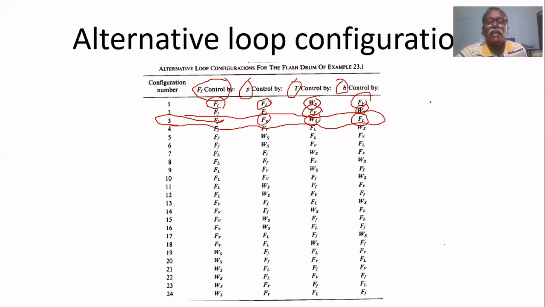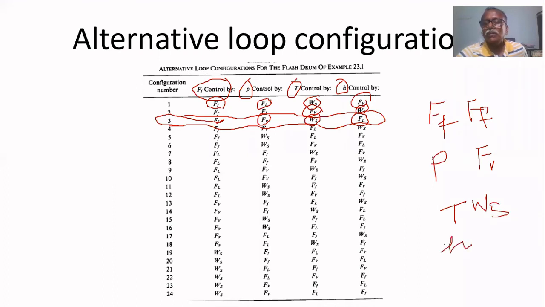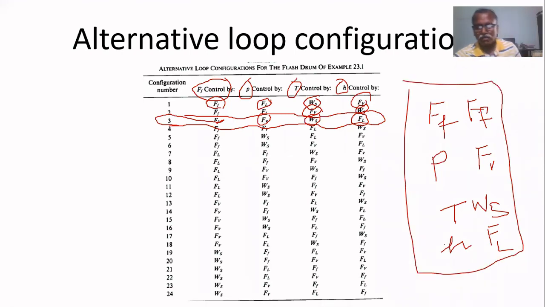Now we can select FF to control FF. Similarly, to control pressure, the manipulated variable is the vapor flow rate, top product. To control temperature, the steam flow rate, WS. To control H, it is better to manipulate FL. So these are the 4 variables that we have selected out of 24 possible combinations.